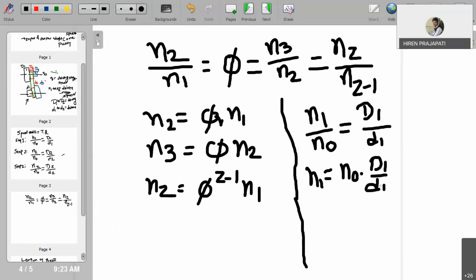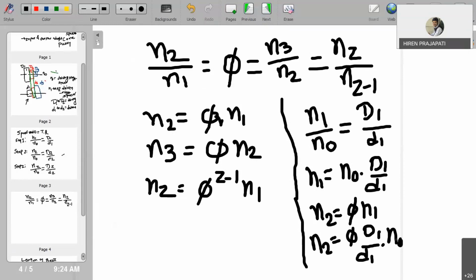Fine, but for n2 by n1, the next speed should be in geometric progression with the previous speed, right? So the modification is that I now write n2 is equal to phi times n1, from this. So phi into capital D1 by small d1 into n0, right?